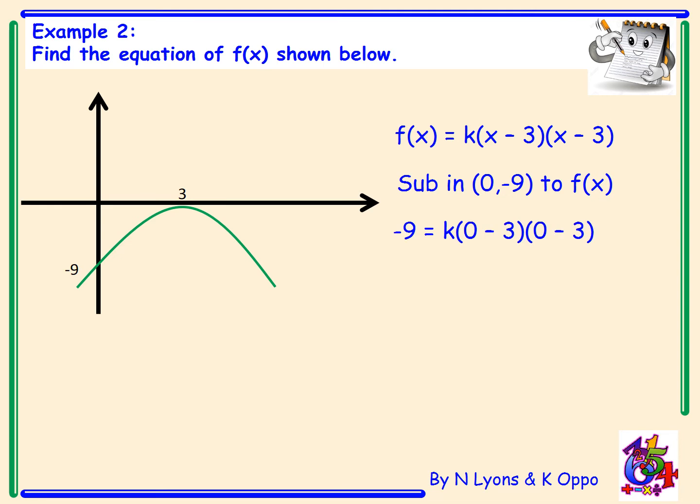Substituting 0 for x and -9 for y, we get -9 equals k times (0 minus 3) times (0 minus 3). -9 is therefore equal to k multiplied by -3 multiplied by -3. -9 is equal to 9k, therefore k is -1, which you should be expecting because we have a parabola which has a maximum turning point, which must have a negative x squared at the start.